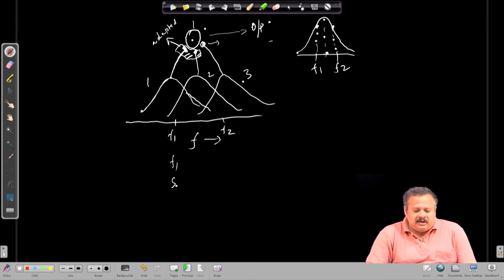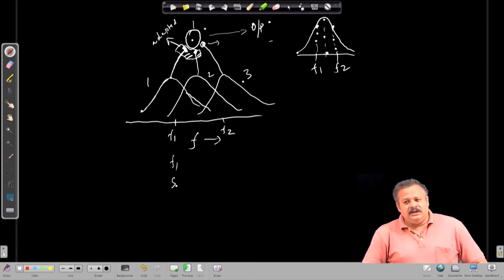Now, the swap can be considered by simply looking at the other way around, where we are playing F2 as standard and F1 as deviant. In that case neuron number 1 is not at all responding to F2 when F2 is occurring as standard.